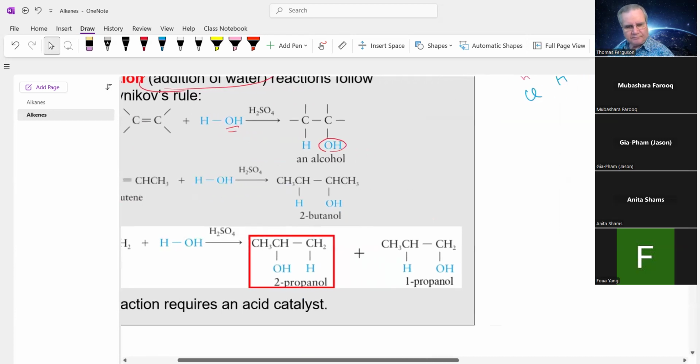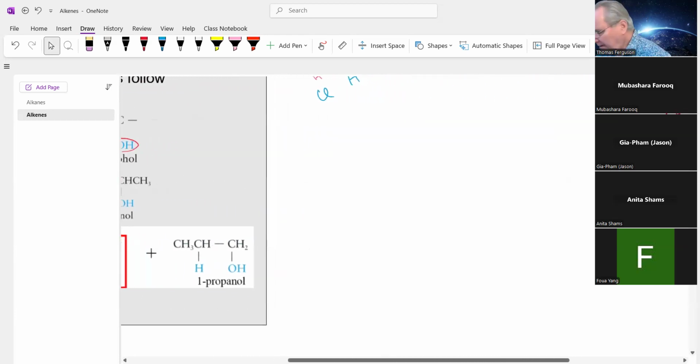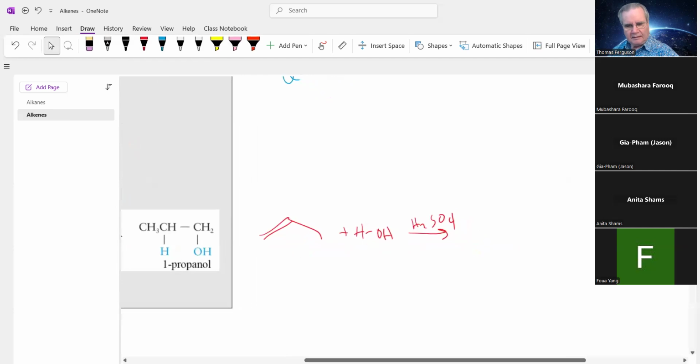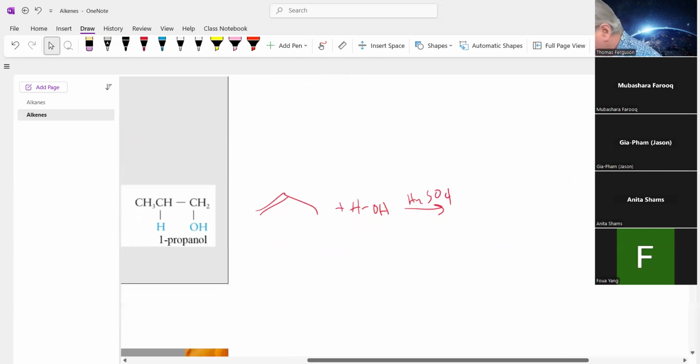So if we look at, let's take propene again, plus water. Acidic environment. It's going to add one of two ways.